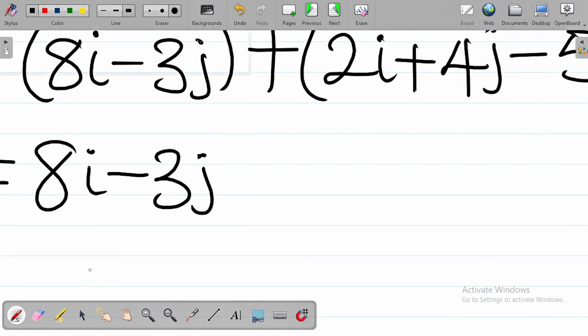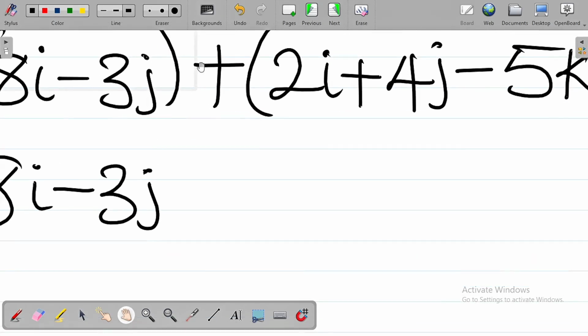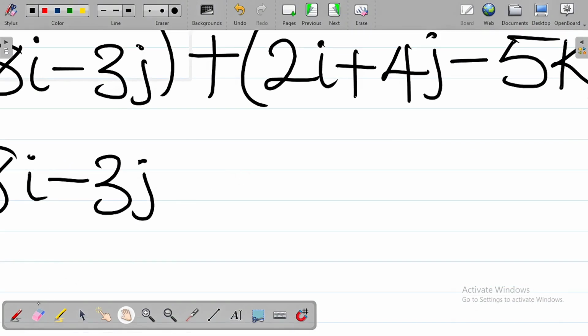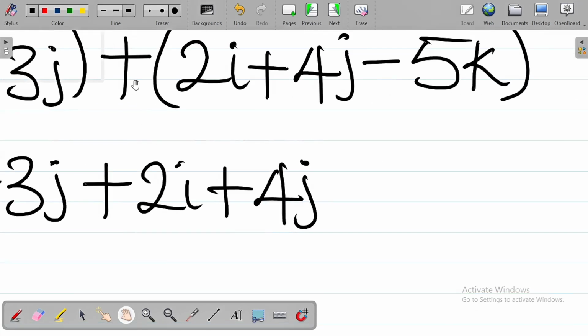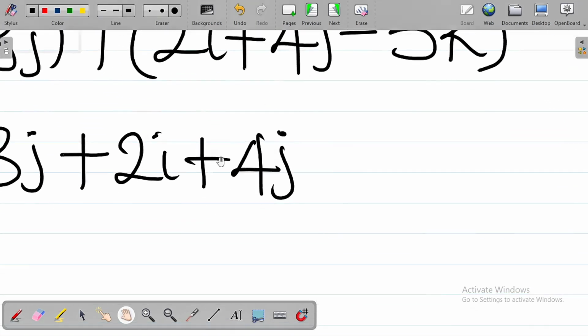Alright, to open up the brackets, we are going to use the positive sign to multiply each term inside the bracket. So we have plus 2i plus 4j. Now, if you use positive sign to multiply negative sign, it will give you negative sign. So we have minus 5k.